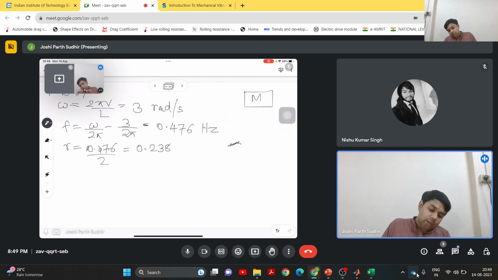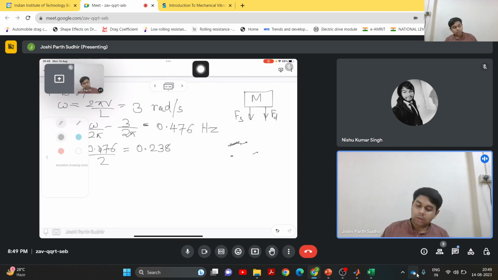The free body diagram for the mass m will be like this. There will be two forces, spring force and damper force, acting on the mass.